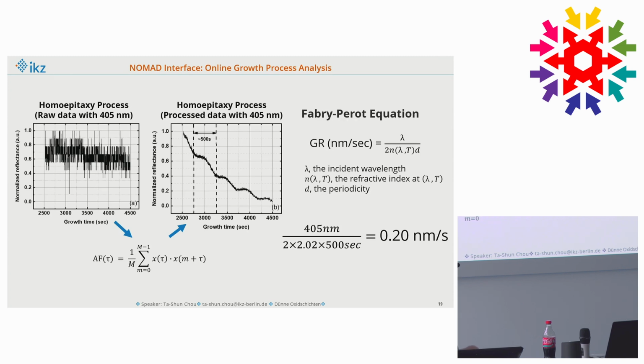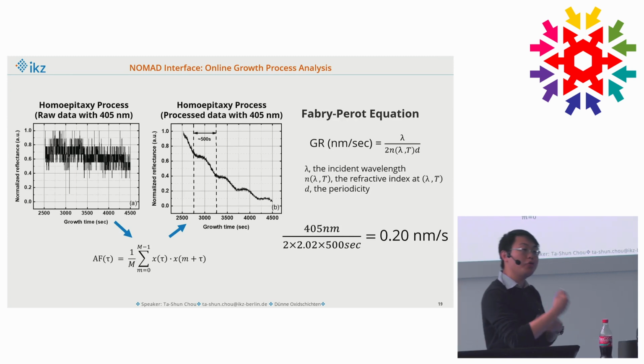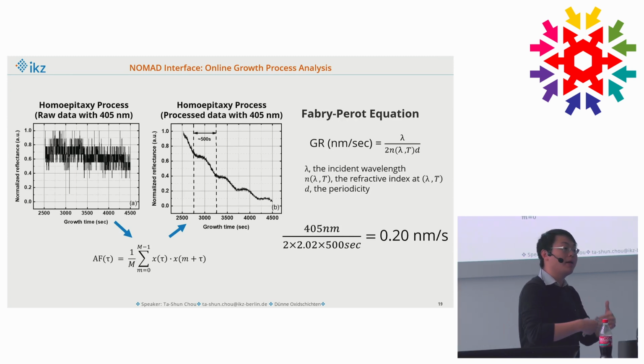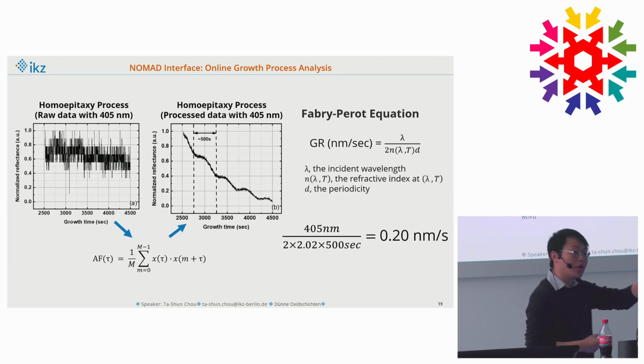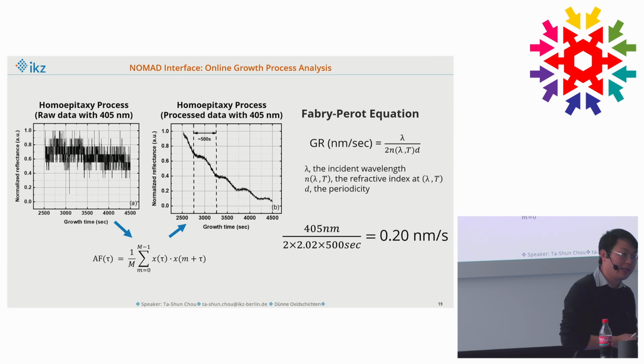Yeah, here is just another example: there are some new functions we are able to perform on NOMAD OSs together with the members in FAIRmat. For example, this is one example of our self-developed algorithm to process the in-situ monitoring data collected from the MOCVD.